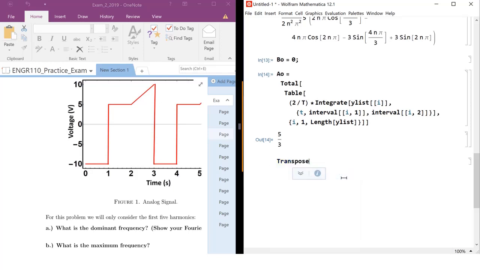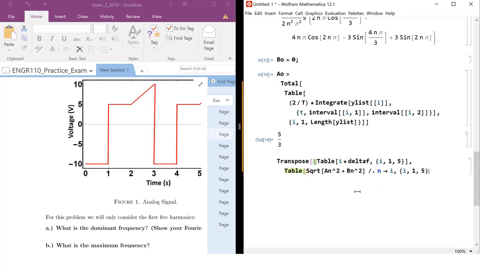frequency spectrum. So I'm going to transpose basically this table, and I want to go to i times delta f, with i from 1 to 5, and I want to transpose that with another table of the square root of A sub n squared plus B sub n squared, and I'm going to select replace n goes to i, where i goes from 1 to 5.